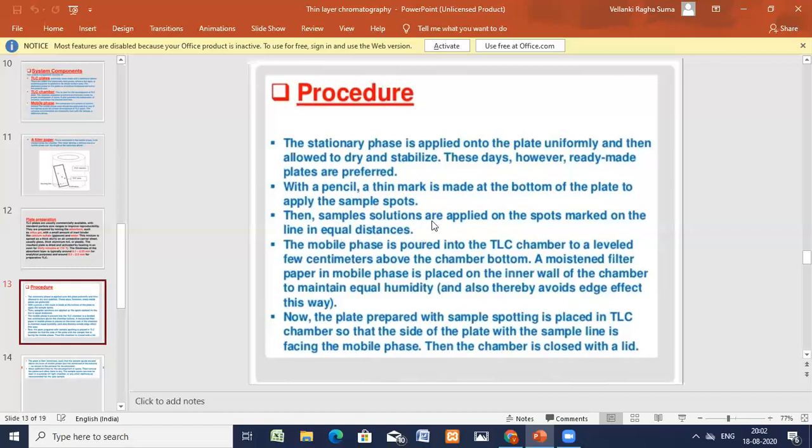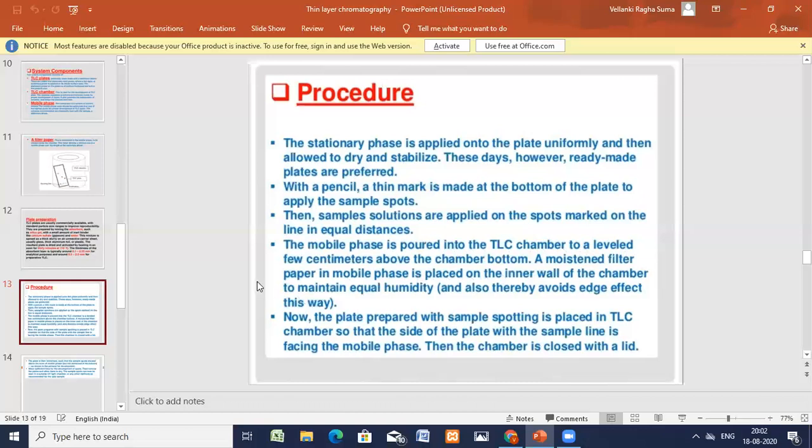Then the sample solutions are applied on the spots marked on the line at equal distances. The mobile phase is poured into the thin layer chamber to a level a few centimeters above the chamber bottom. A moistened filter paper in the mobile phase is placed.